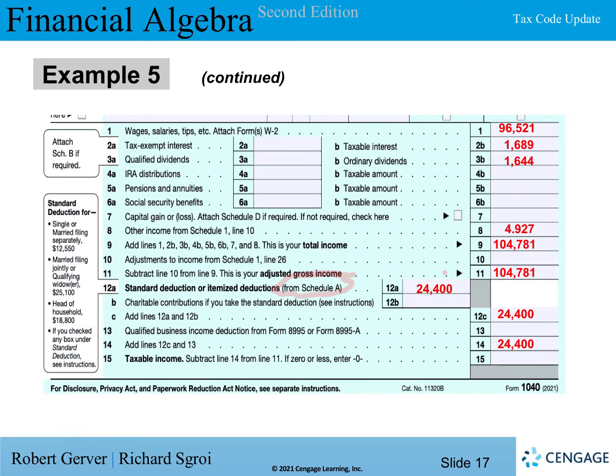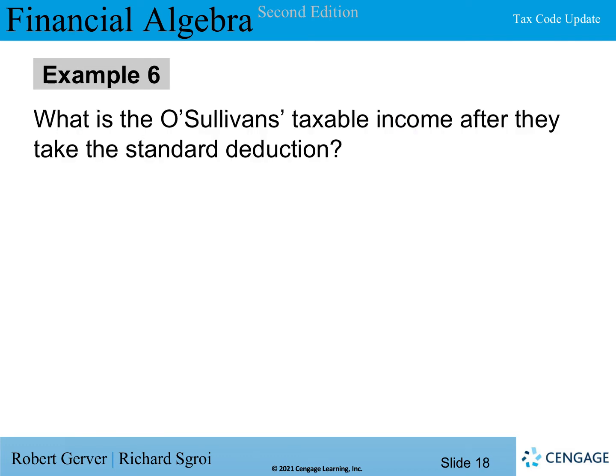They're taking the standard deduction. The standard deduction in this case is $24,400. We add it right here onto this line, and the standard deduction for them is simply going to be this fixed $24,400.